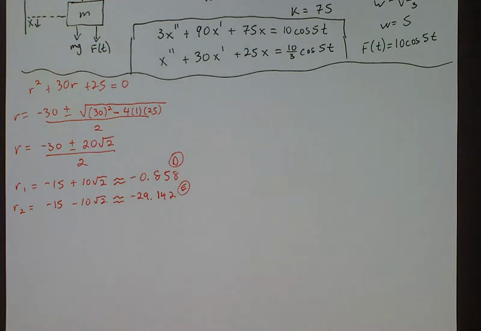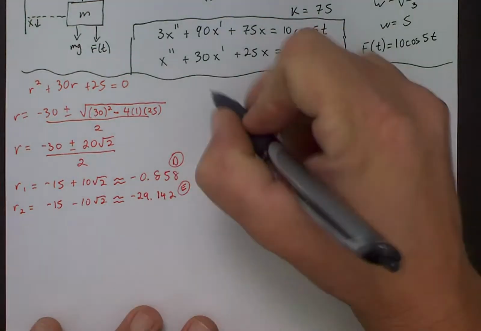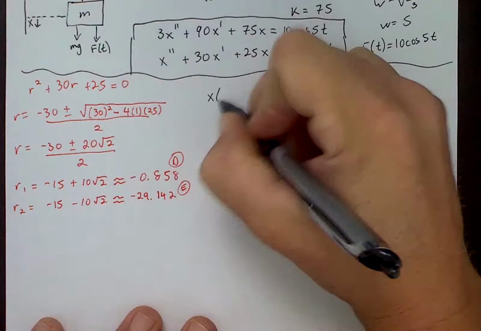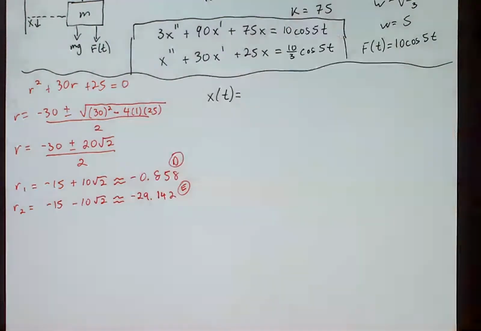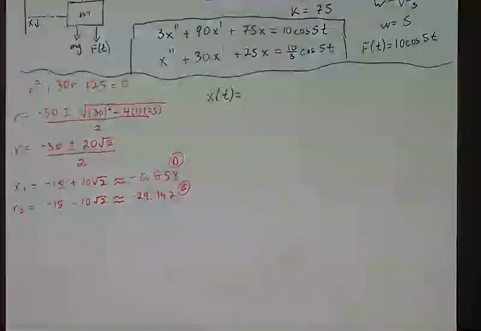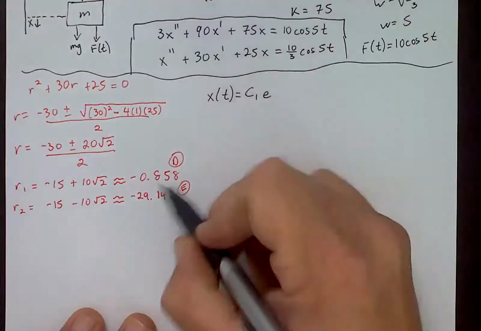Okay, so we have our R1 and R2. So I chose to write the equation at this point. Remember, your x of t is your xc of t plus your xp of t. So xc of t, it would be c1 e^(-0.858 t) plus c2 e^(-29.142 t).